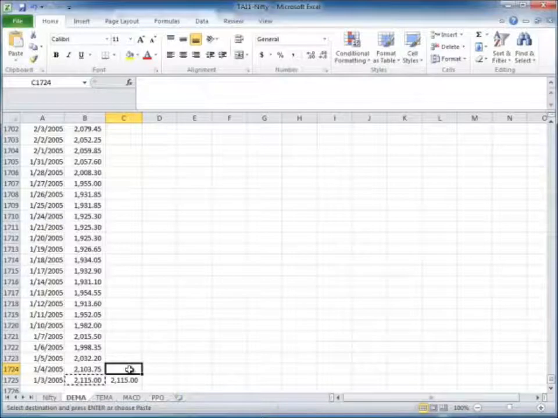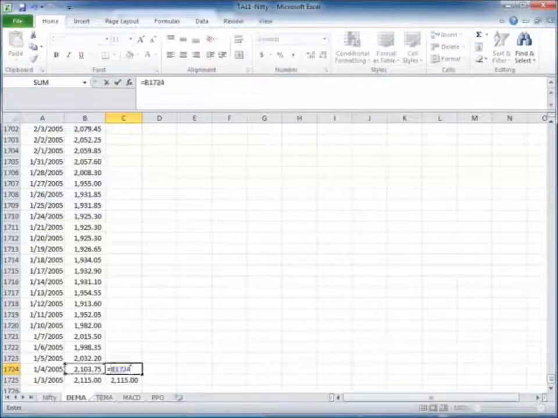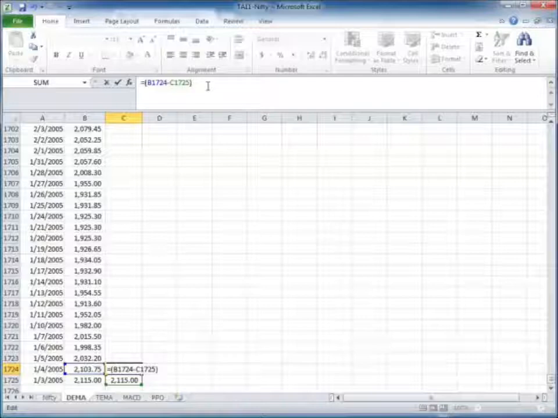So it's going to be equal to the price minus the previous EMA, alright, multiplied by 2 divided by the number of days of moving average, which will be 20, plus 1. Okay?